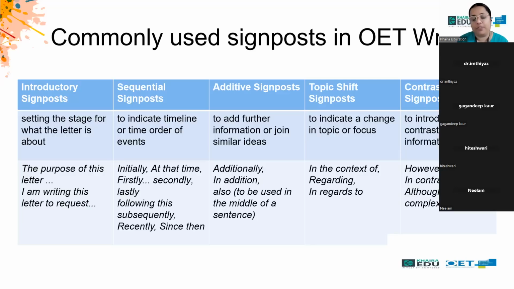So many of you have been writing letters already, and you must be familiar with these phrases. In the beginning itself, you specify what the letter is going to be about, what the reader is going to expect in the whole letter. So the reader has more clarity on what they're going to read. The purpose of this letter is to request assessment and further management for Mr. Mark, who is showing signs and symptoms of Horner's syndrome.